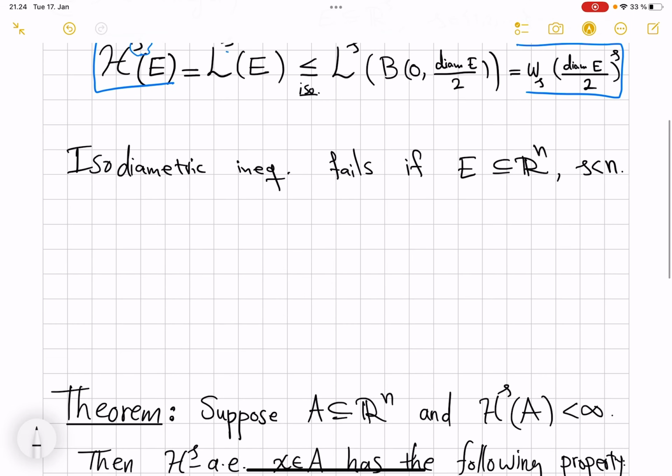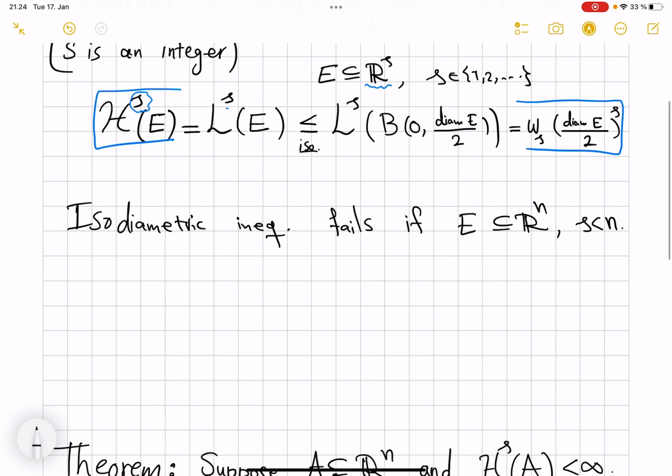And why is that the case? It's simple, so we can give simple examples, yet very important ones. Suppose E is sitting in R^2, and you're looking at one-dimensional Hausdorff measure. Here s is not necessarily an integer, but for pictures I'm going to deal with the integer dimension.